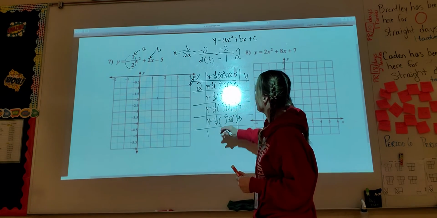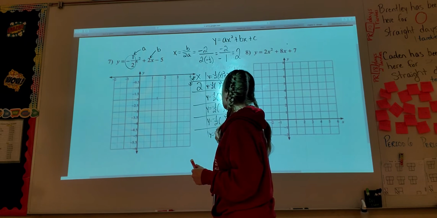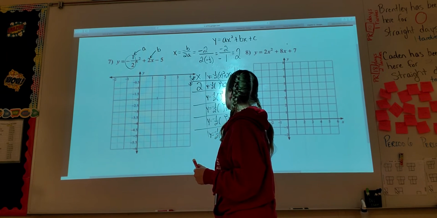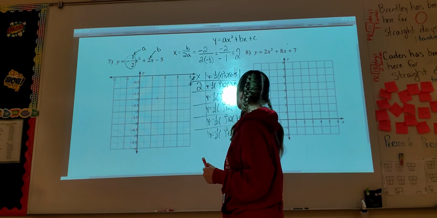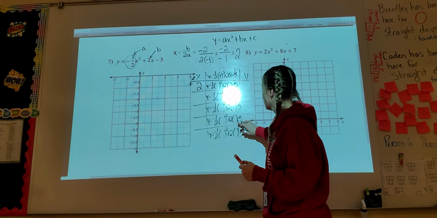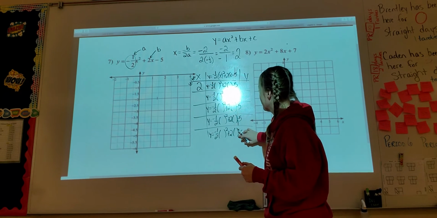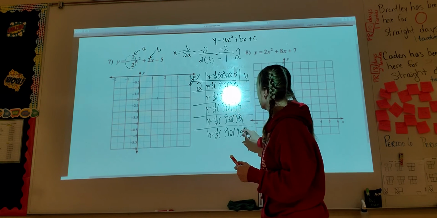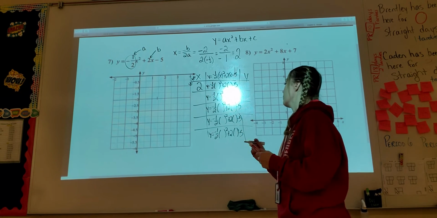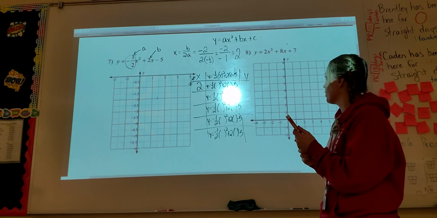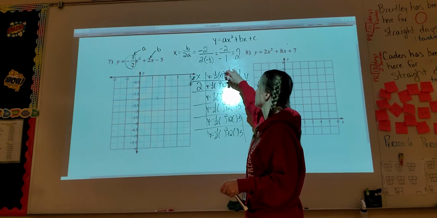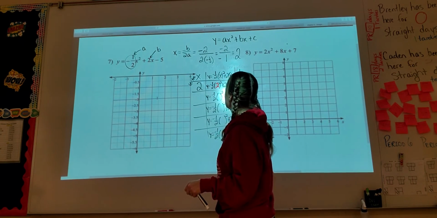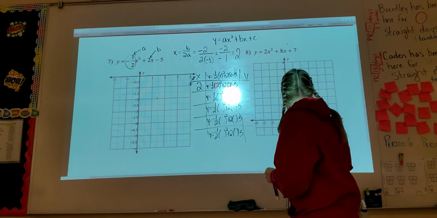So I've got one more I need. I'm evaluating the y spot here. Okay. Now I'm going to plug in my x value, so it's 2 here, and then I'm going to start solving that.